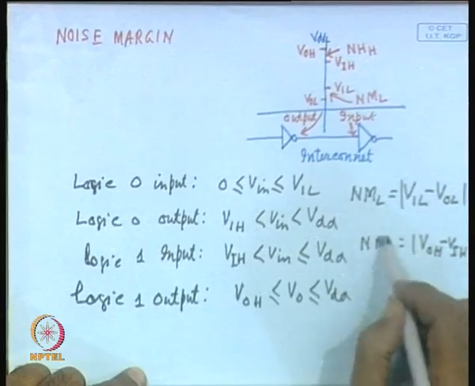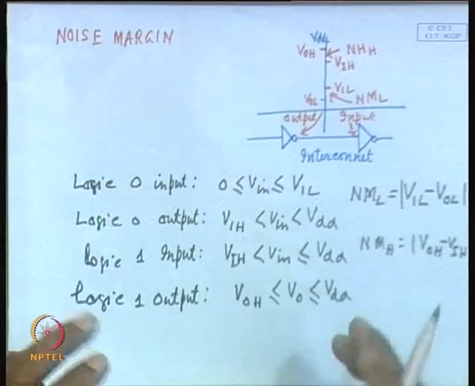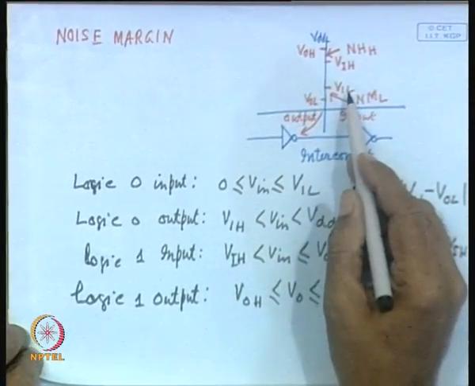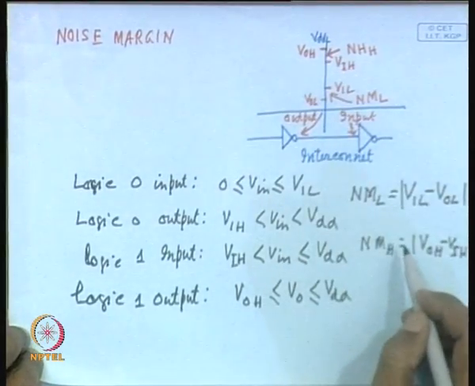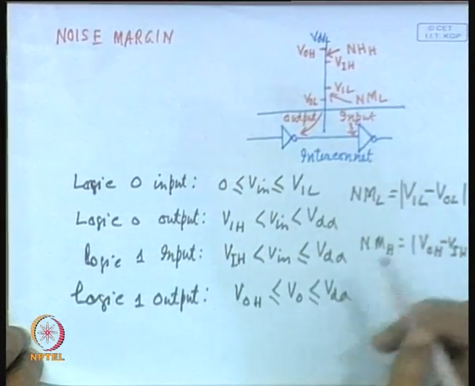You may notice that this noise margin level low and noise margin level high will not be equal to VDD by 2, as we got in case of the ideal situation. In both the cases it will be less than VDD by 2, and as a consequence in actual implementation the noise margin that you will be getting may be less than VDD by 2, and how much less will actually decide the robustness of the circuit, how it will behave in presence of noise.